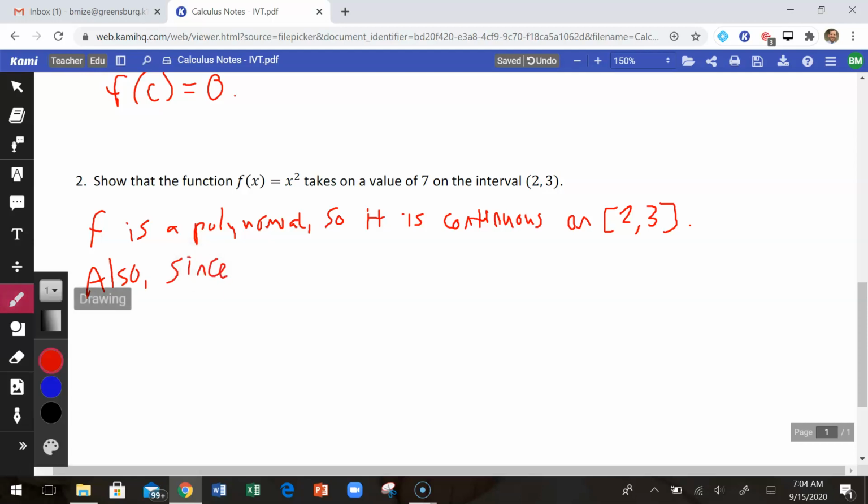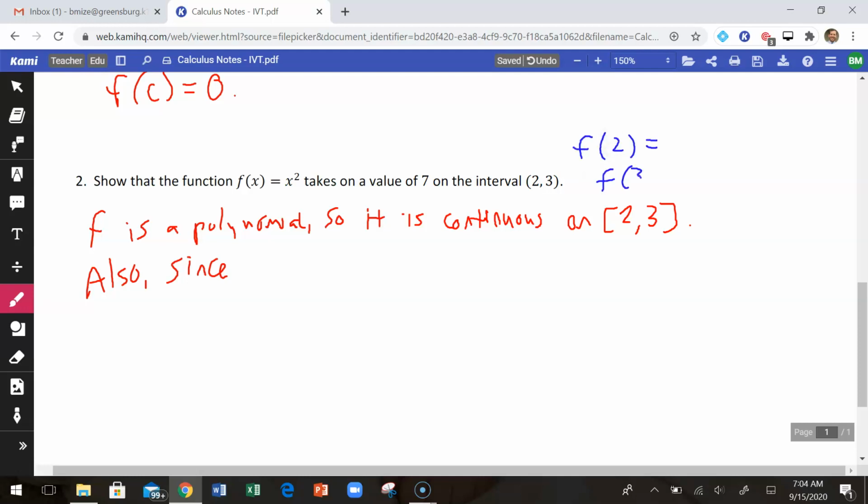Okay, and then I'm going to say also, since, now I've got to do my setup here and figure out what f of 2 is and what f of 3 is, but this should be pretty easy to do. F of 2, if I plug in 2, 2 squared is 4, f of 3 is 9. So 7 is between 4 and 9.